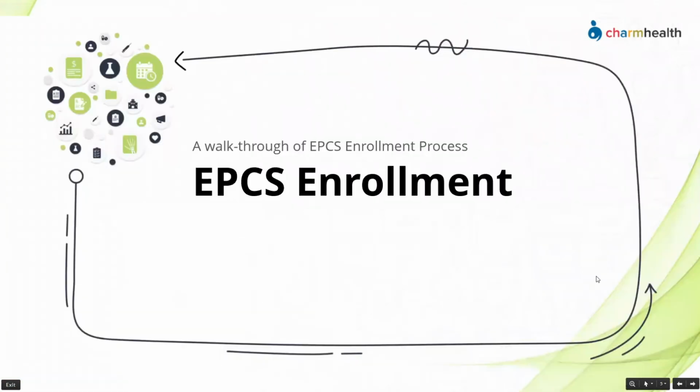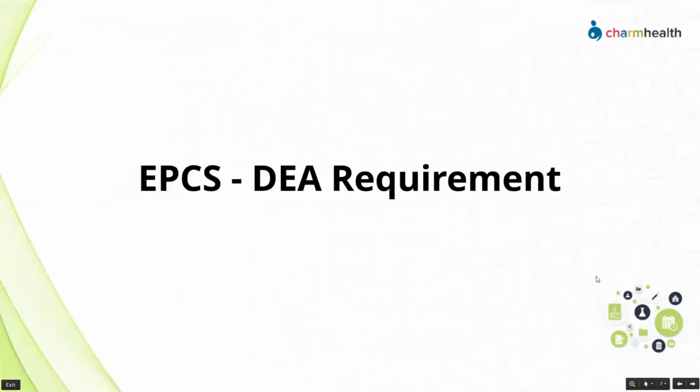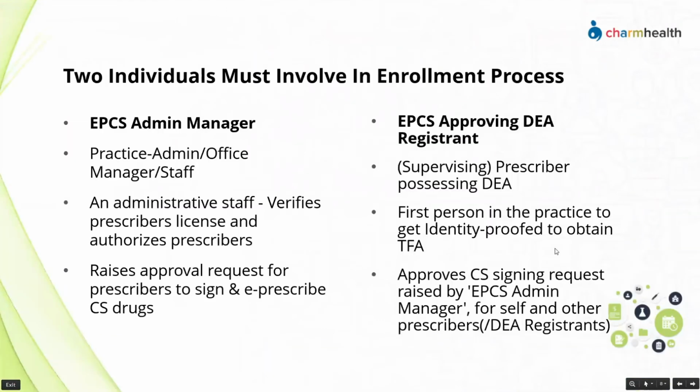So for the EPCS enrollment, first there is a DEA requirement. Two individuals must be in your practice in order to register for EPCS. One is the EPCS admin manager, and one is the approving DEA registrant. The admin manager will need to be added in the system as the practice admin or an office manager.